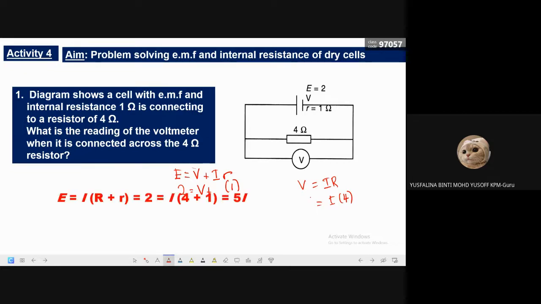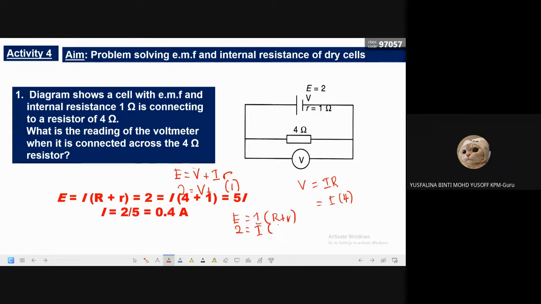So we need to find the current first. If I put E is 2, IR plus Ir, so 5I. So E is I(R plus r). E is 2, and I we don't know.